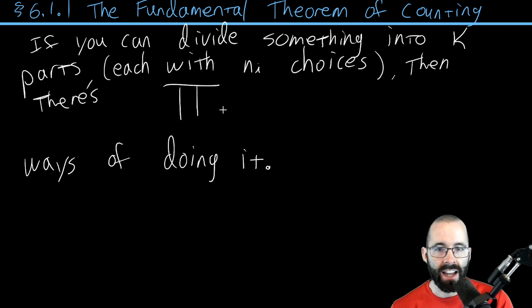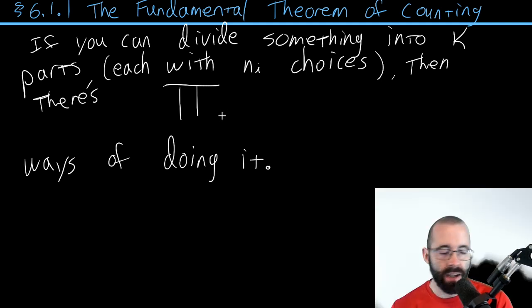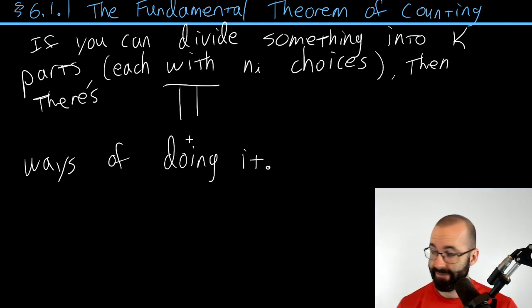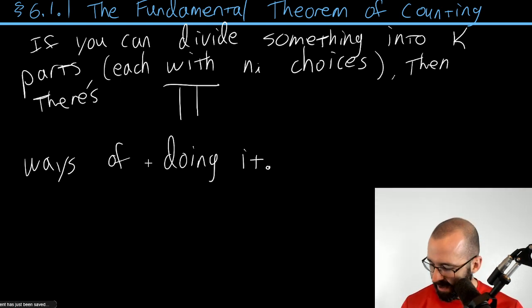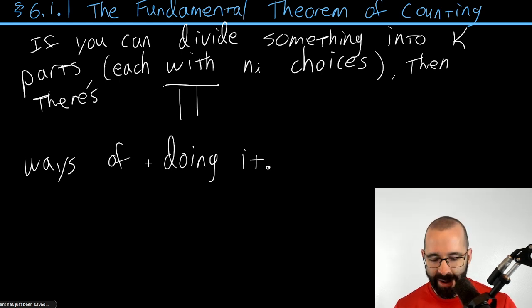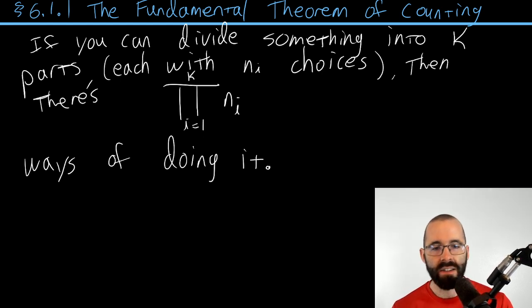Pi, that's a capital pi right there, a big capital pi. All right, October is trying to climb the green screen. The curtain has been lifted, well, in this case, fallen. But anyway, how many ways are there to do it? Pi of n_i, where i goes from 1 to k.